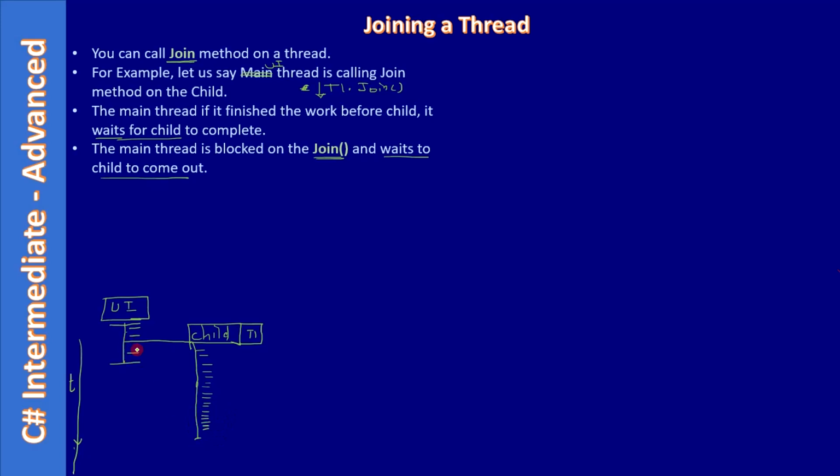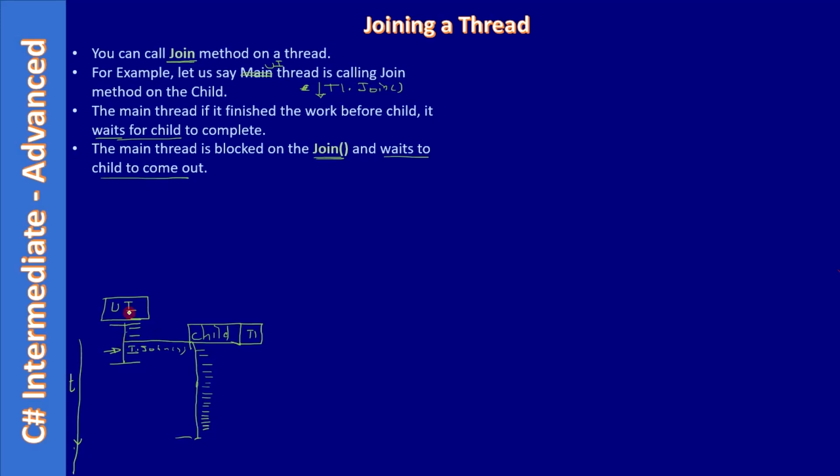So what happens if you place T1.join as part of this statement? The UI thread, the calling thread, will wait. Why? Because here we are going to call T1.join. So the thread will not go to the next statement and quit the function, but instead it will stay in this function until the child finishes and comes out.